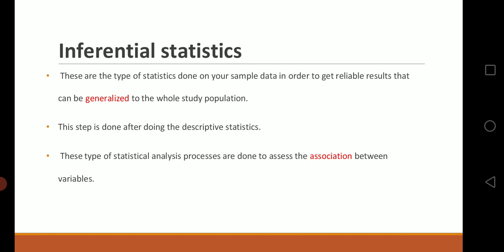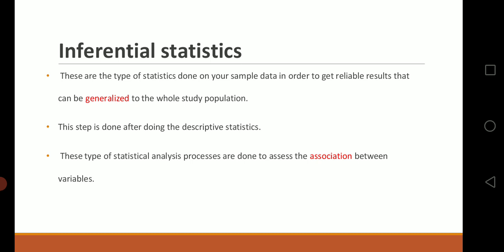Okay, this step, which is the inferential statistics, is done after doing the descriptive statistics, and the descriptive statistics, as we know, are the measures of dispersion, the measures of central tendency, the tables and figures describing our variables or our data set.